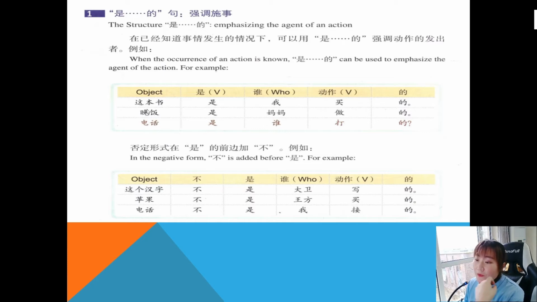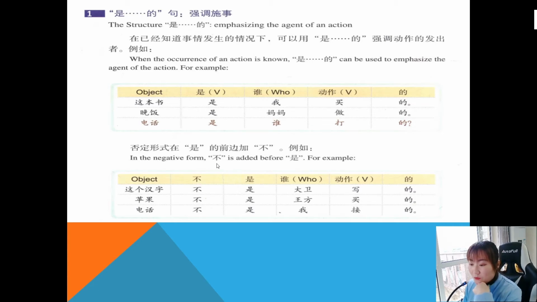So for example, 这本书是我买的 So this book is bought by me, right? 晚饭是妈妈做的 So the dinner is cooked by mom. 电话是谁打的？电话是谁打的 So who made the phone call?